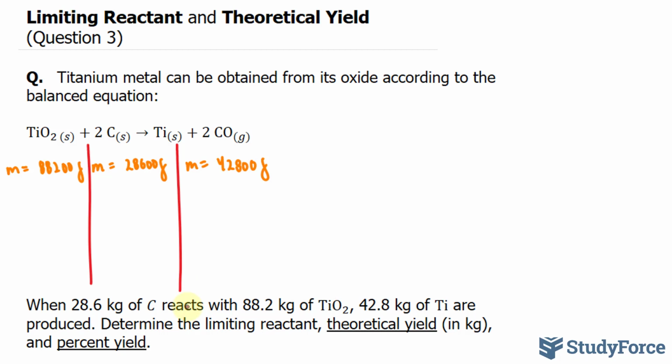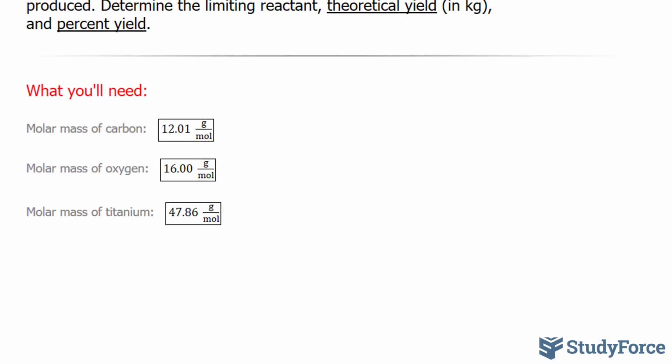The next thing that I have to do is find the molar mass of titanium dioxide and pure carbon. And I'll represent the molar mass by the capital letter M. And to find the molar mass, we need to find the molar mass of individual atoms of each of these chemicals. So starting with carbon, we have pure carbon, and it's simply 12.01 grams per mole.